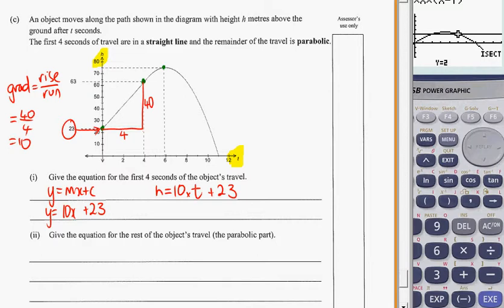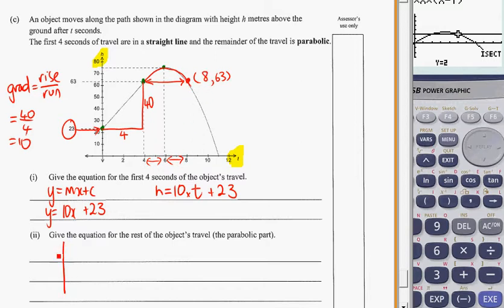Right, give the equation for the rest of the object's travel, the parabolic part. So that's going to be the parabola. Now, we've got 2 points. For a parabola you need 3, and it's probably quite important that we use symmetry to get that exact point. Obviously the height is 63 at that point, and you can see using symmetry that the x coordinate would in fact be 8.